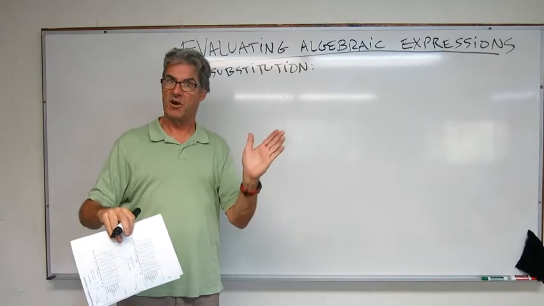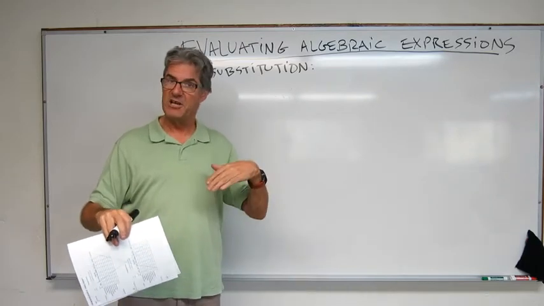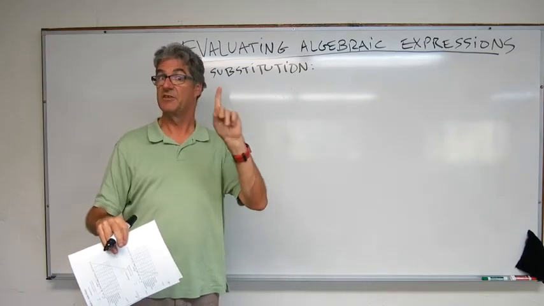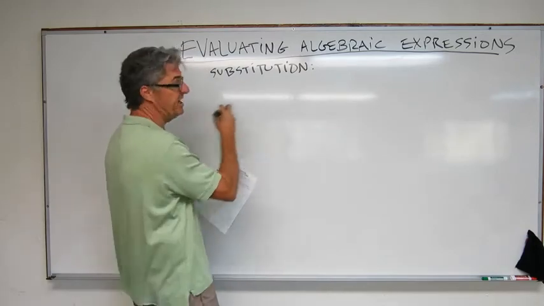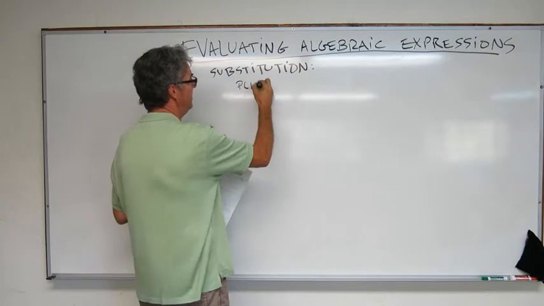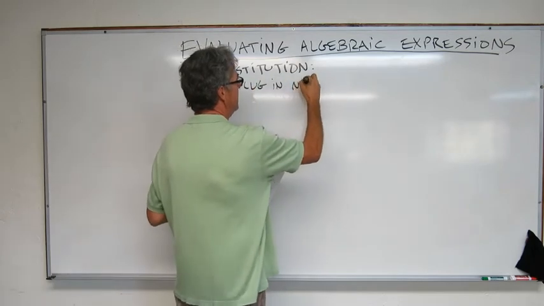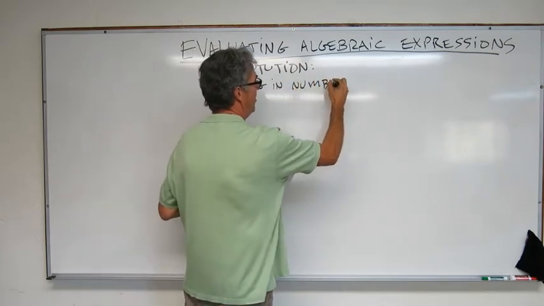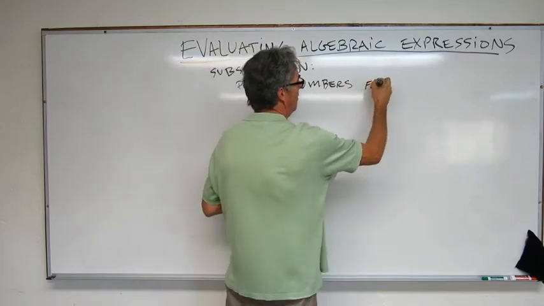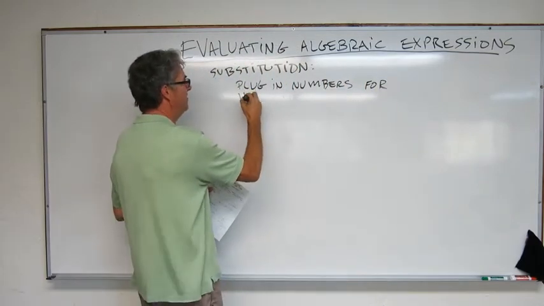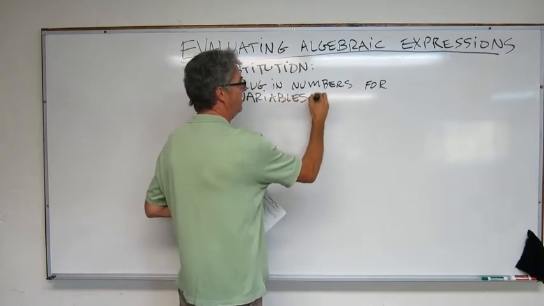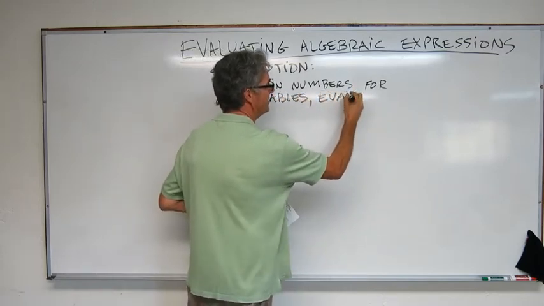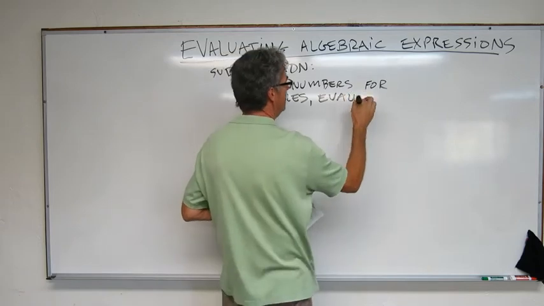And once the letters, the variables, are all gone, then you can evaluate that and come up with a single answer that's just one number. So what we're going to say is plug in numbers for variables, evaluate.